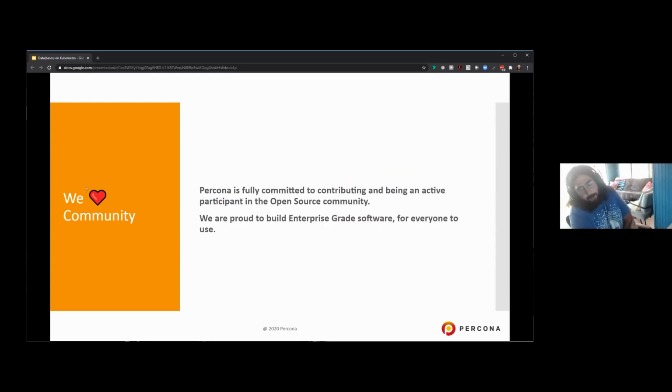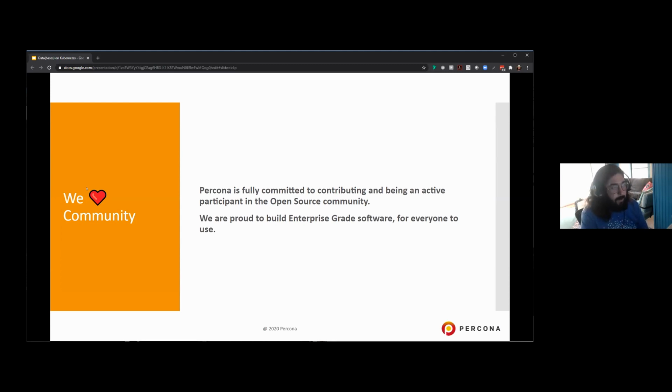I talked a little bit about the community in the last slide, but I really want to hammer the point home. Percona wouldn't exist without a community and without an appetite for truly open source or source available software. That is something that is at the core of our identity, and that we want to contribute back to the community as much as possible.